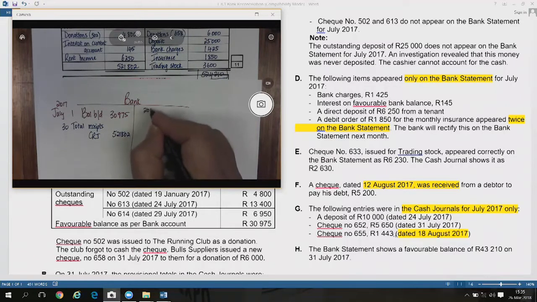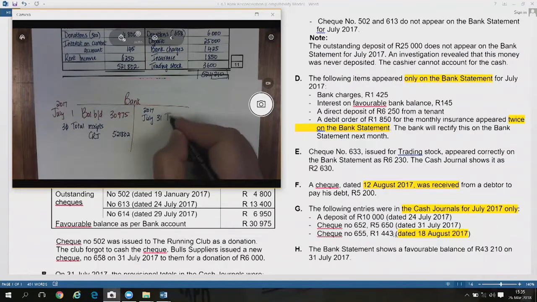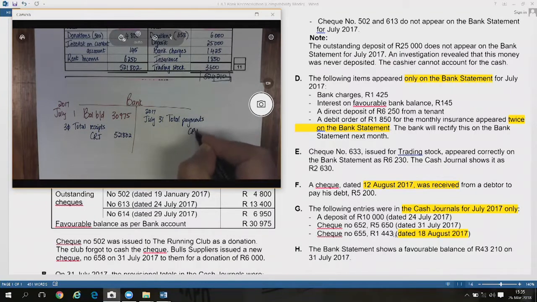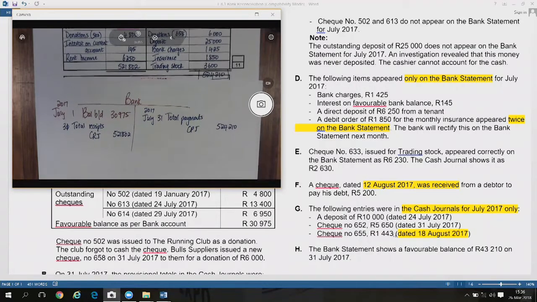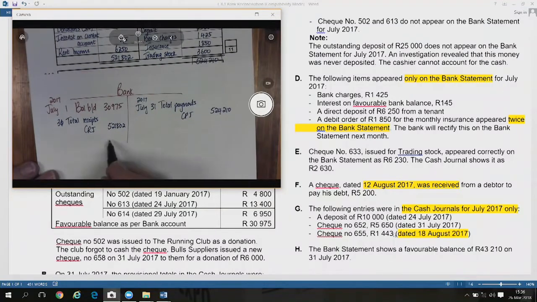And then 2017, July the 31st, total payments on the credit side, CPJ, and that gives us 524210. So I just do roughly my own bank account just to see if my bank recon is correct.